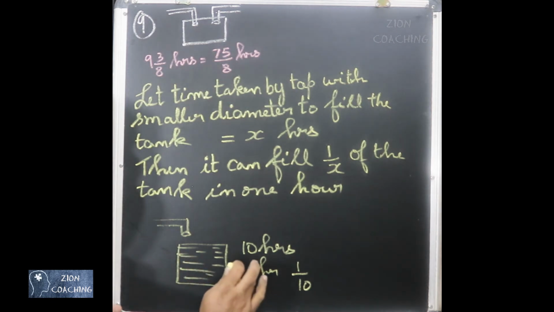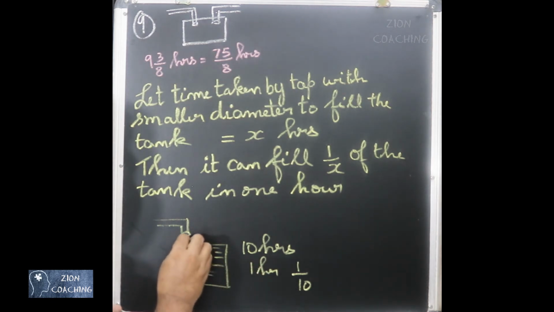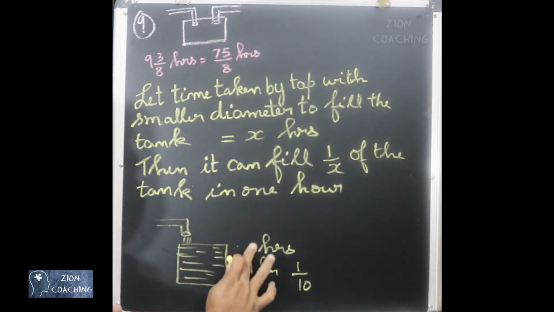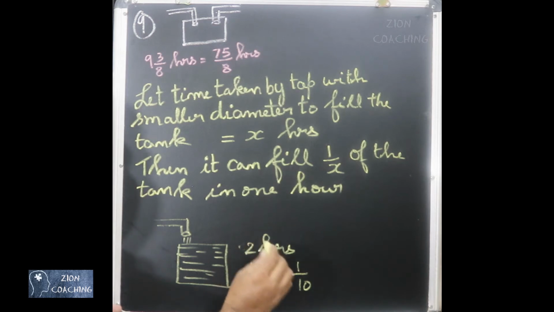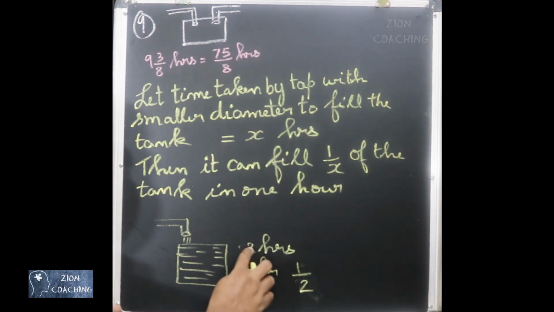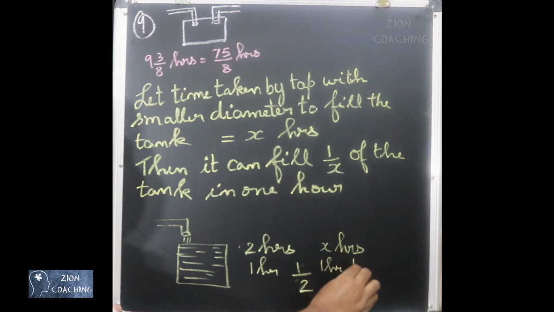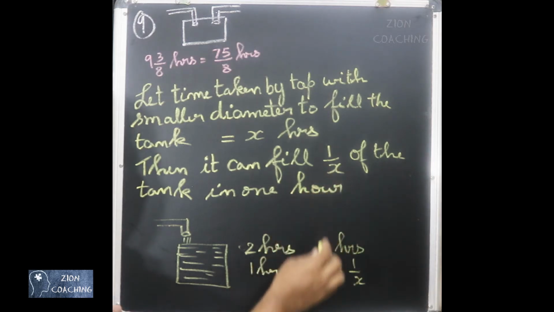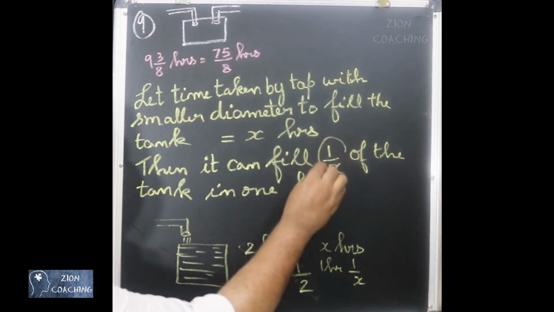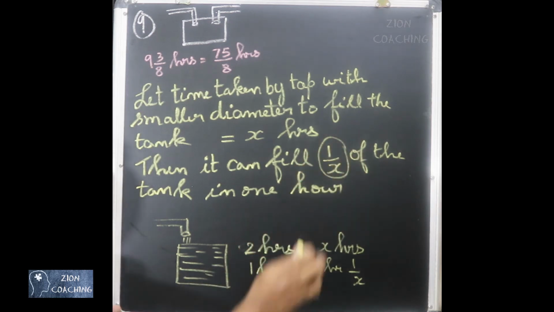If this tap fills this tank in 2 hours, then in 1 hour half of the tank will be filled, that is 1 by 2 of the tank. So instead of 2 or 10, we are telling that the tap fills the tank in x hours. So in 1 hour it will fill 1 by x of the tank. That is what we have written here. Now I hope you understand this 1 by x of the tank.